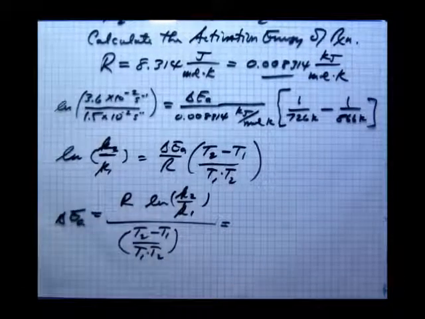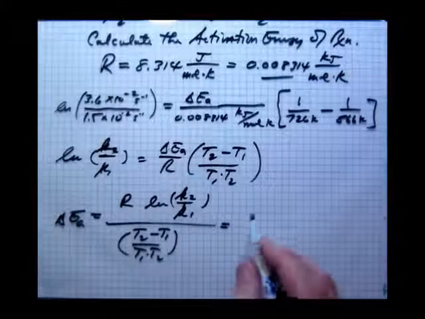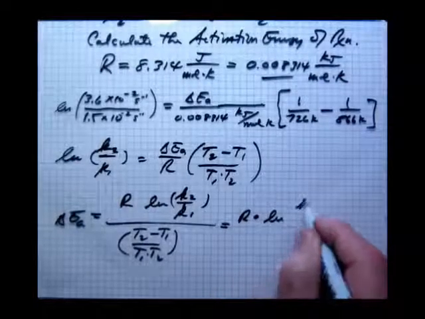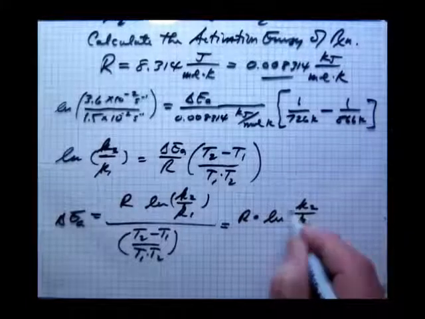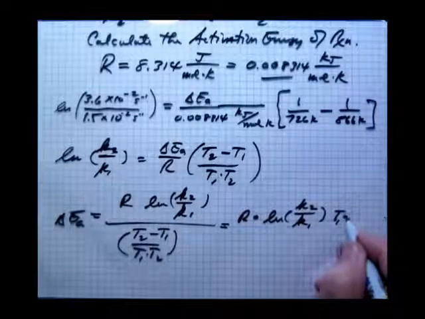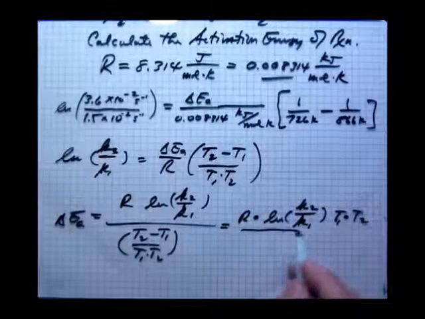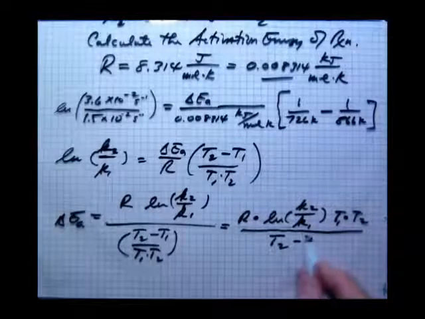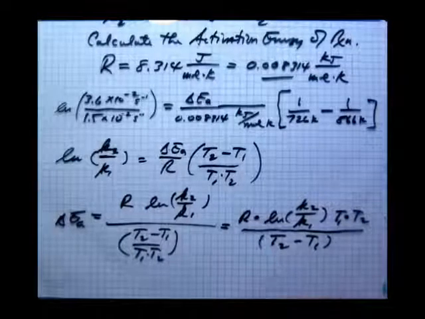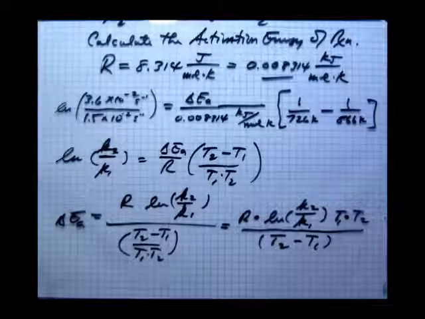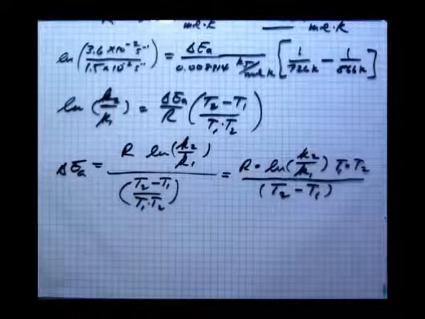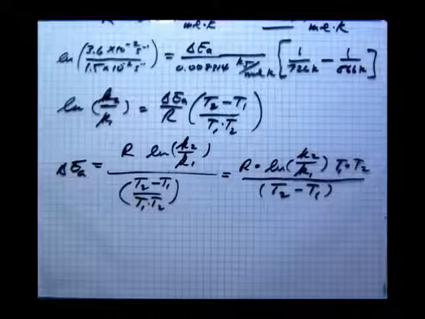The denominator will invert and multiply, and you'll have a form R value times ln of k2 over k1, times T1 times T2, divided by T2 minus T1. So it's a little easier to punch all that in. That's my opinion. You can work it like this or however, but however you solve it, you're looking for delta E.